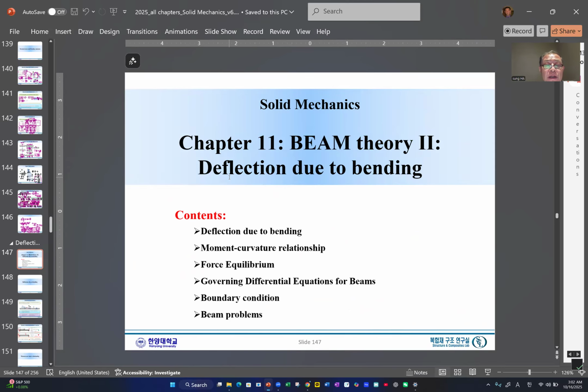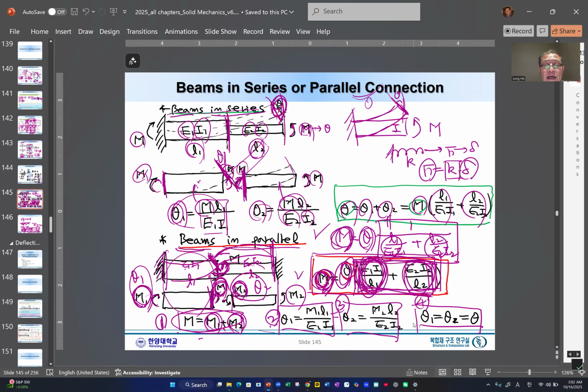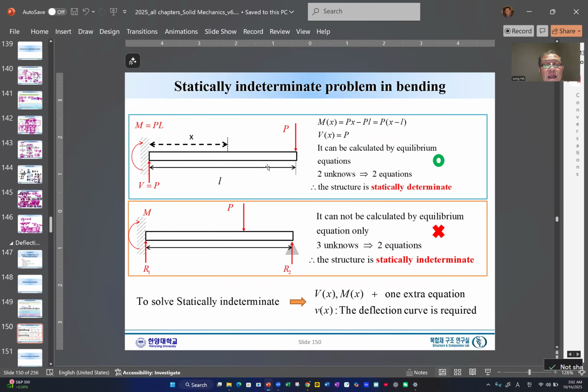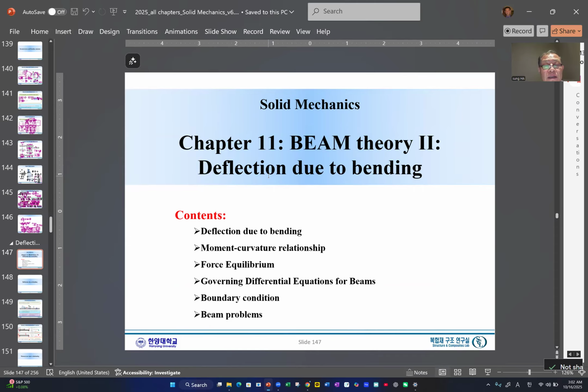Well, there will be chapter 11, beam theory 2. Now it is deflection due to bending. The deflection we have covered so far is under constant moment, right? This is the deformation or deflection. But now this section, again, I cannot emphasize its importance too much.